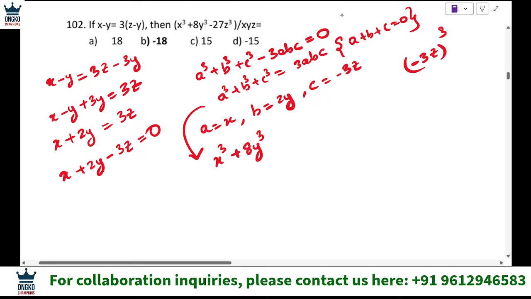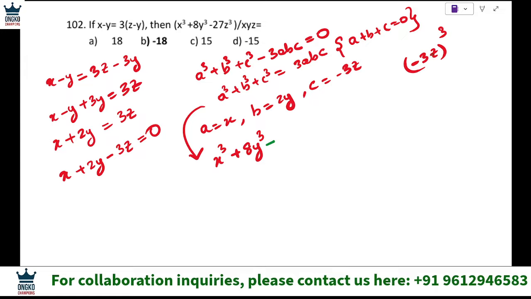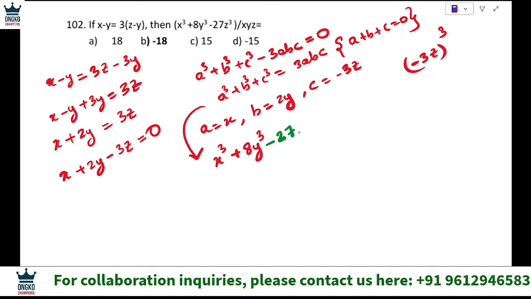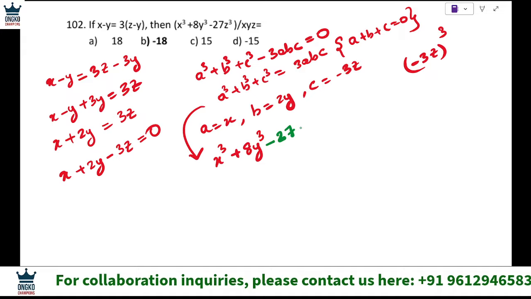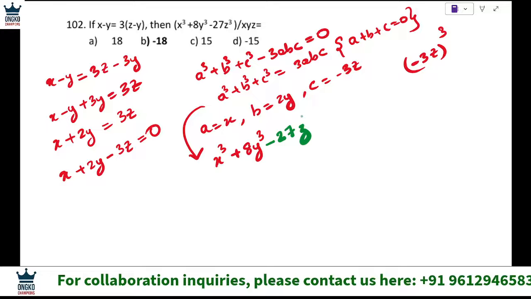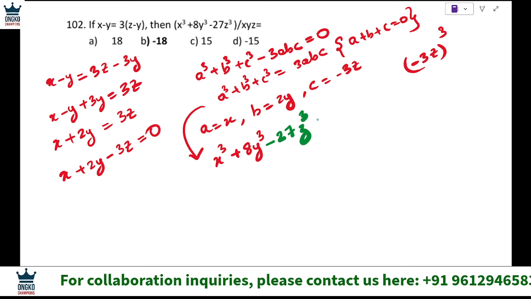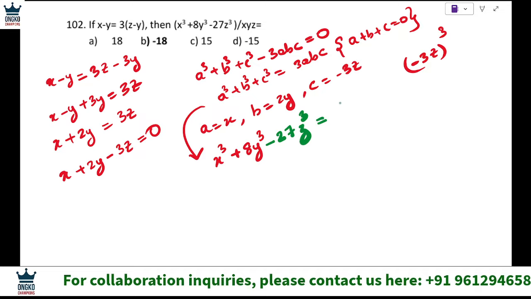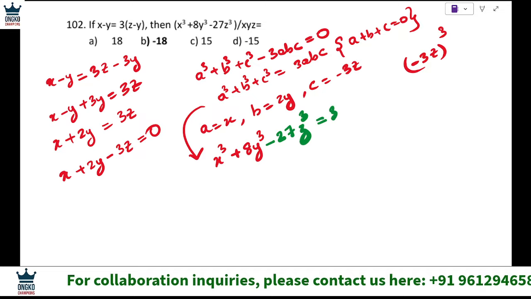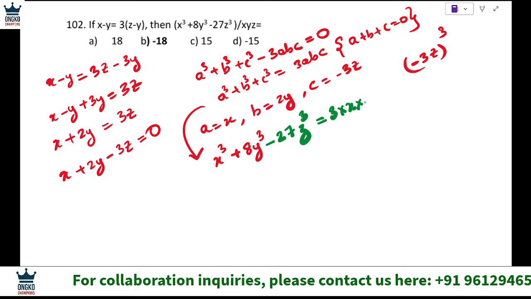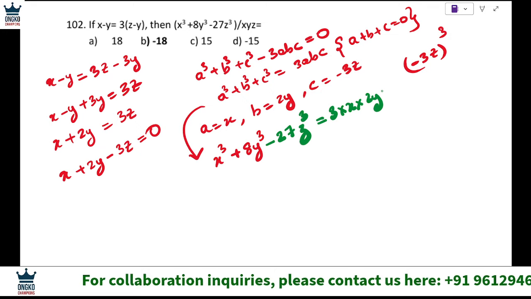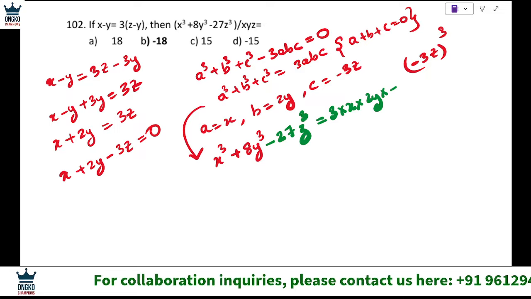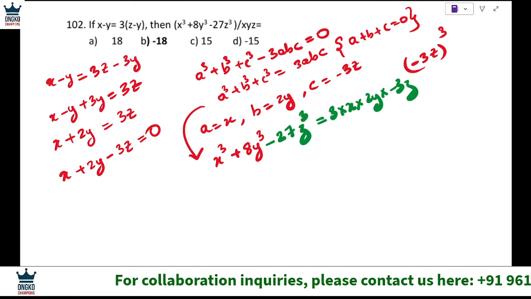So now minus 3 cube will give us 27, right? 3 into 3 into 3 will give us 27. And the cube is equal to 3 into a into b into c. c is minus 3z.